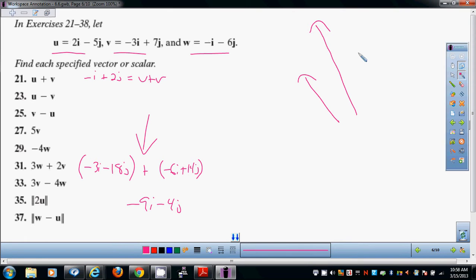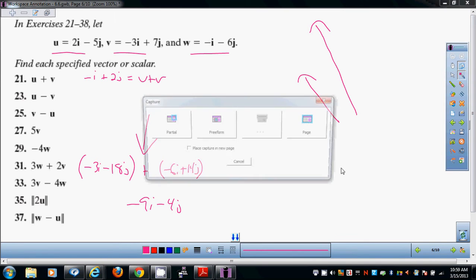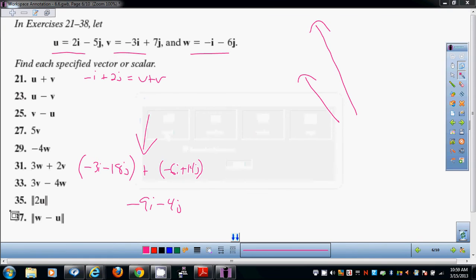Is there a problem on the board somebody would like to see worked? 37. Well, actually, I can't take this elsewhere. I need the vectors. 37. w minus u, and then you're going to take the magnitude. So w, negative i minus 6j, minus u, which is 2i minus 5j.